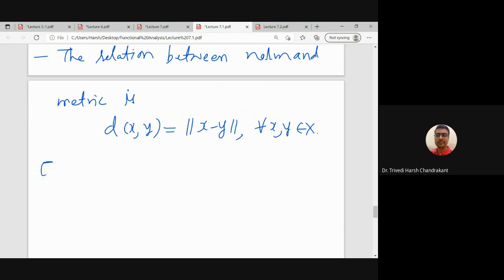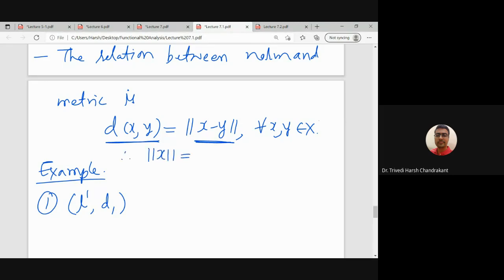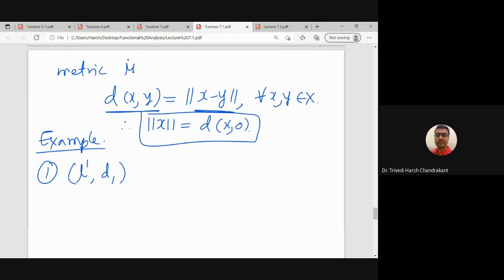So what is the example? Example is, we know the metric spaces. So the first example is L1, d1. Yeah, so how do we define norm? Basically norm of x is distance of x with 0, right? If you take y is 0, you get distance of x with 0. So this way we can use the metric and define the norm.